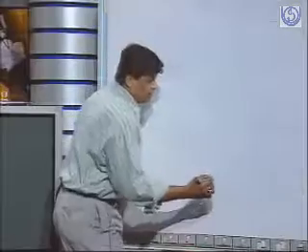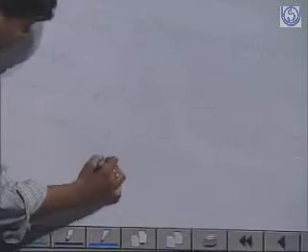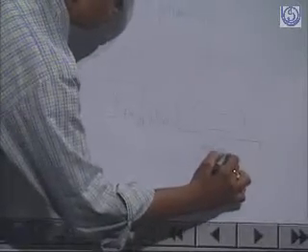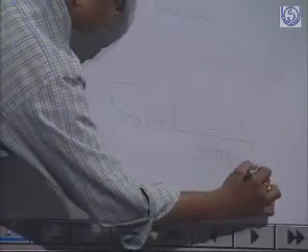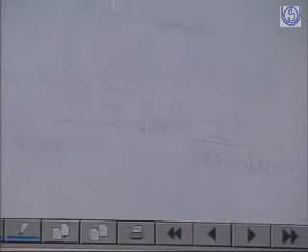Again, in parallel projection we have two types of projection. One is known as oblique projection and the other is known as orthographic projection. What do we mean by oblique projection and orthographic projection? Let's see.